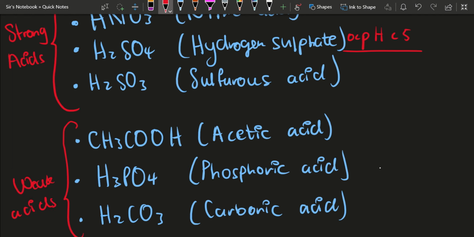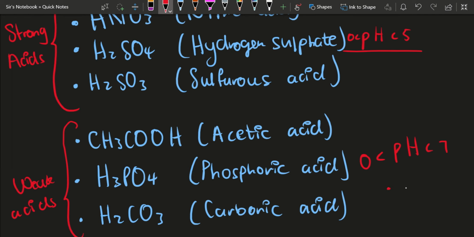And you would expect the pH to still be just below 7, but maybe from 3. These are very weak acids. The pH scale goes from 0 to 7 for acids, but you would expect their pH to be quite close to 7. It gets closer and closer to 7.